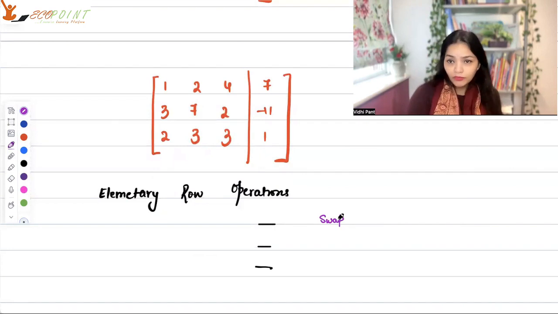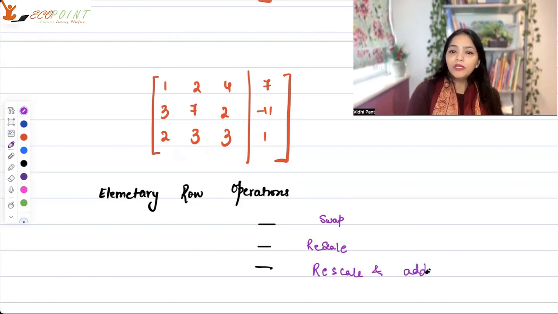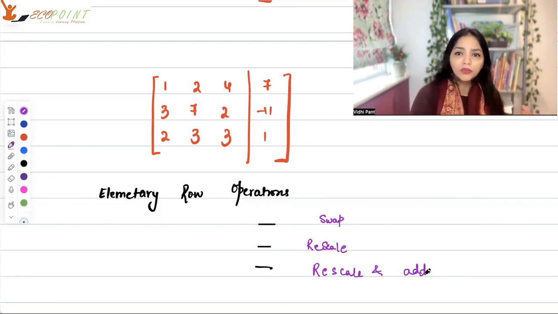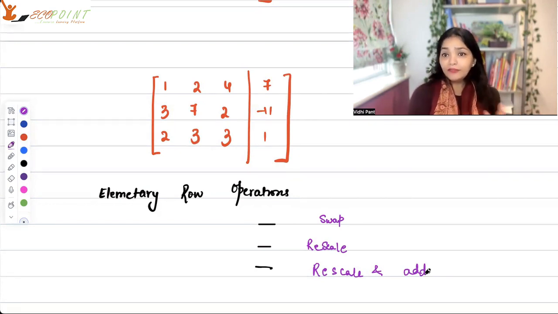So you can swap, you can rescale, and add. What do you mean by rescale? Rescale means you multiply an equation by a non-zero scalar. For example, I can create twice R1, or twice R2, if need be.